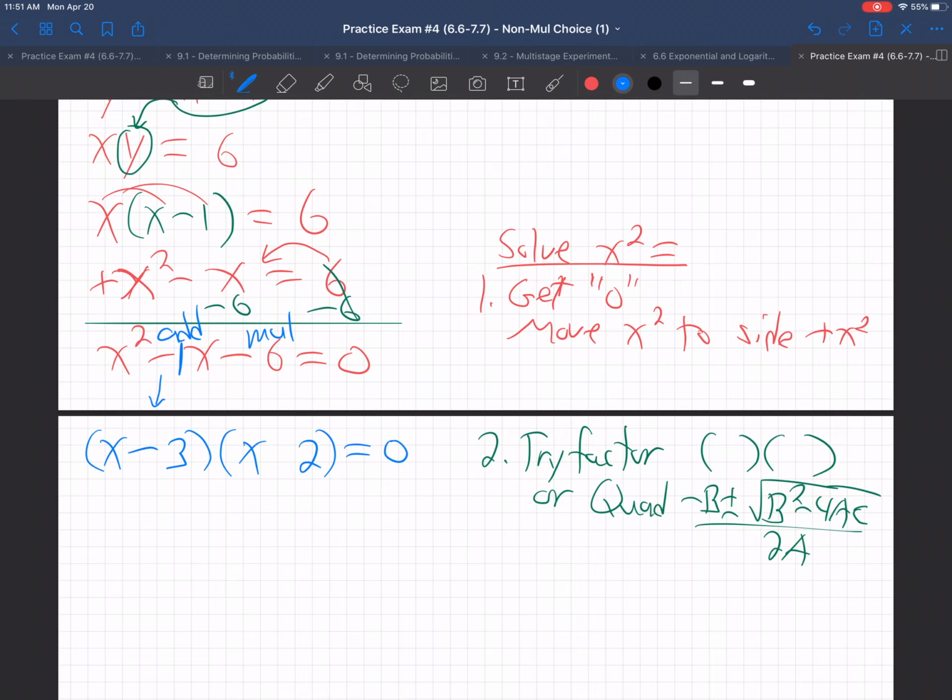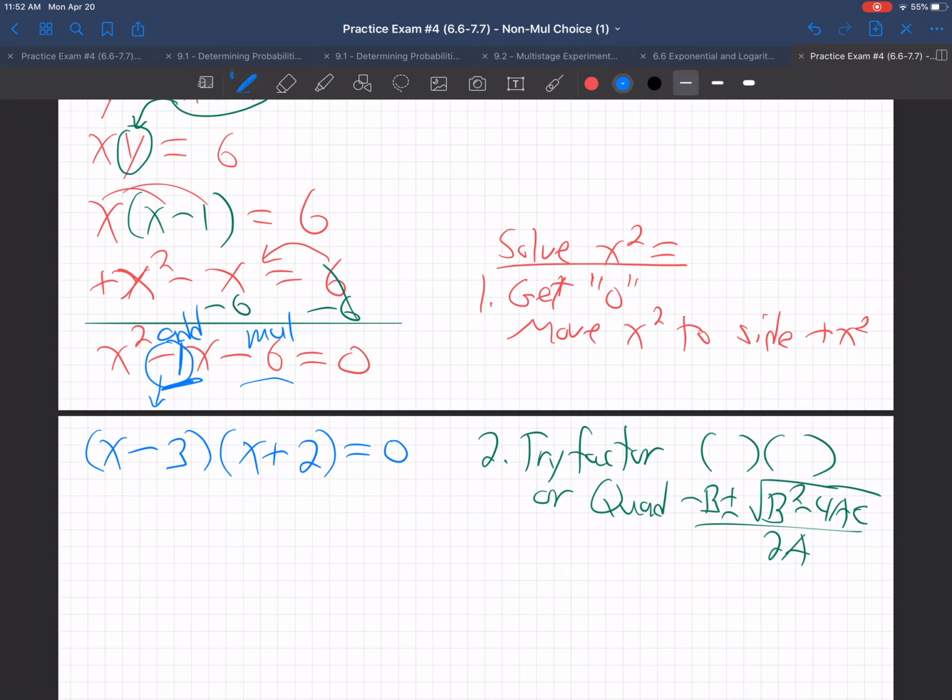So if the middle is negative, then the bigger number, 3, takes the middle sign. So negative 3 plus 2, because that makes negative 1, doesn't it? And they multiply to be negative 6. Negative times positive multiplies to be negative 6, and negative 3 plus 2 adds to be negative 1. Perfect. If you multiplied that out, it would be correct.